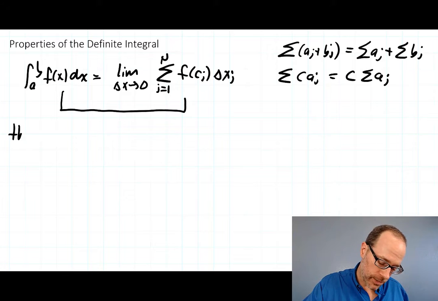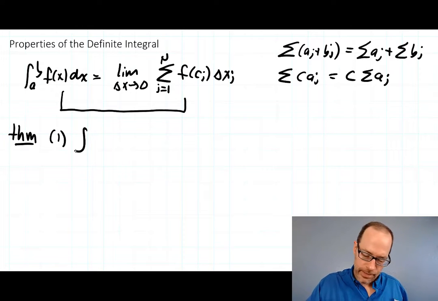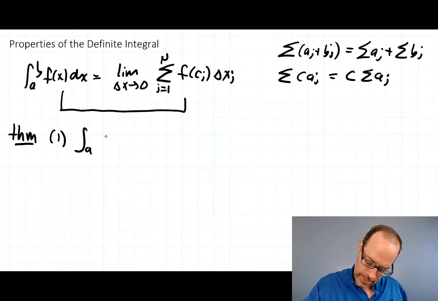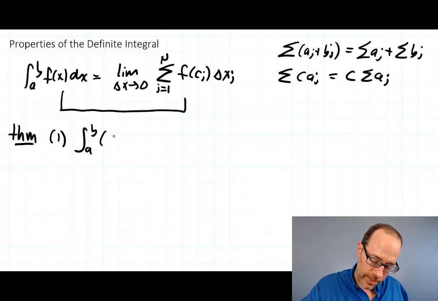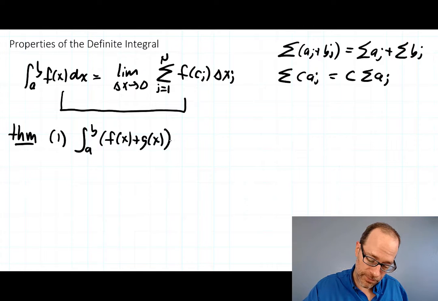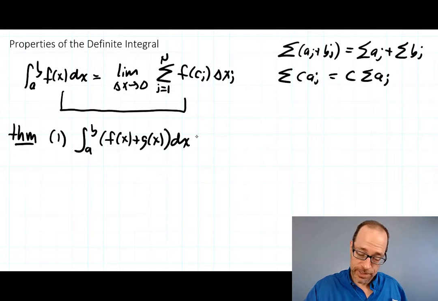So it's easy to show that, in fact, the integral from a to b of f of x plus g of x, a sum of functions, splits up as a sum.